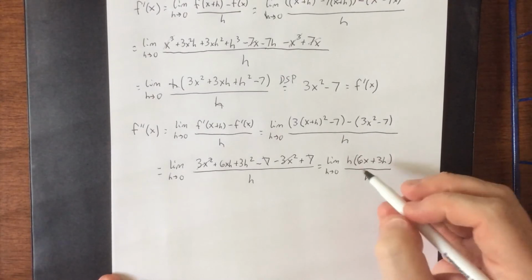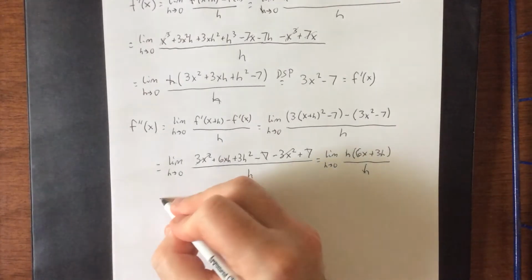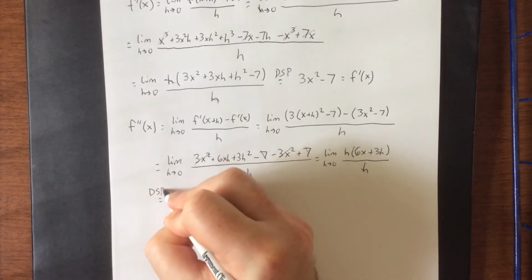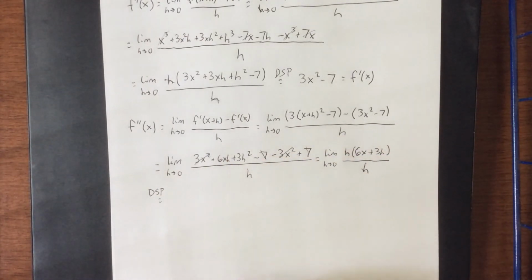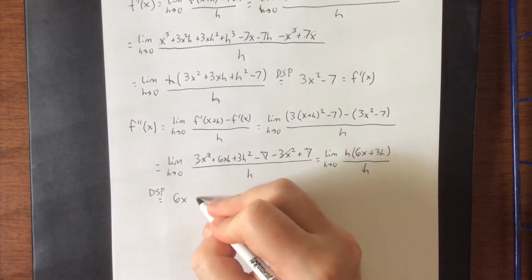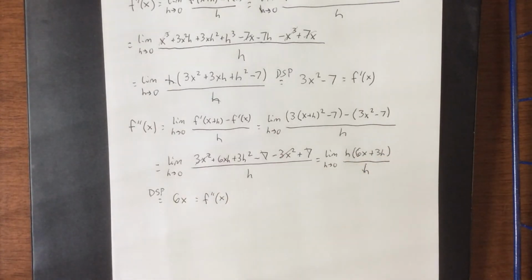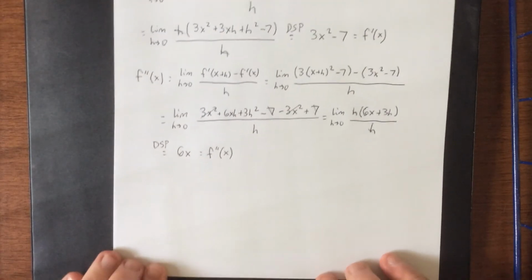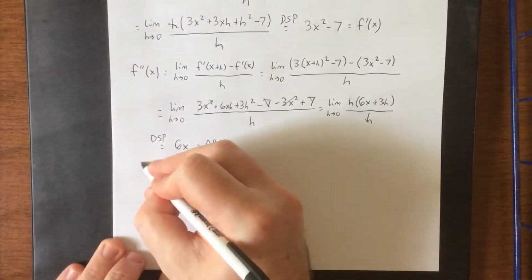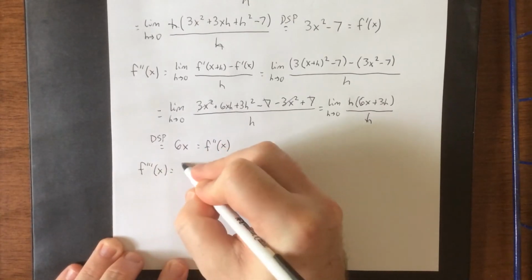At this point, you can cancel out the h from the numerator and the denominator, and then use the direct substitution property to allow h to go to 0, leaving you with 6x. That, of course, is our second derivative. For a third derivative, we'll be taking the first derivative of the second derivative.